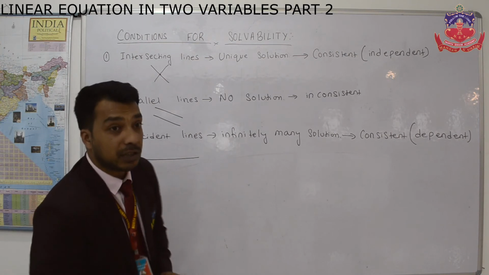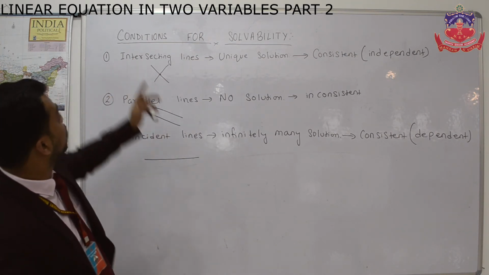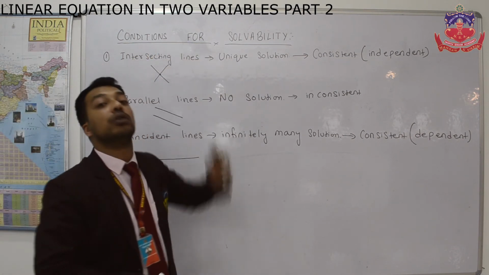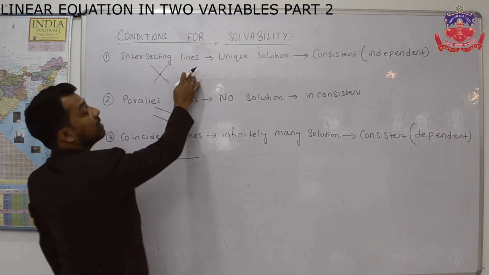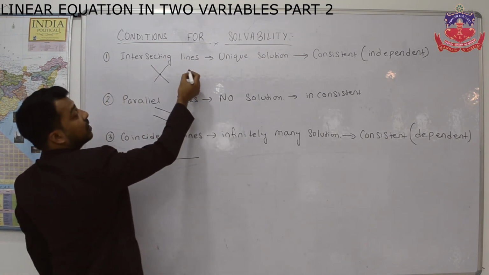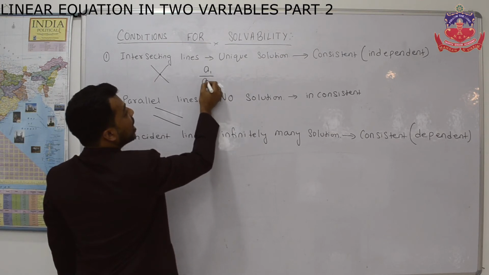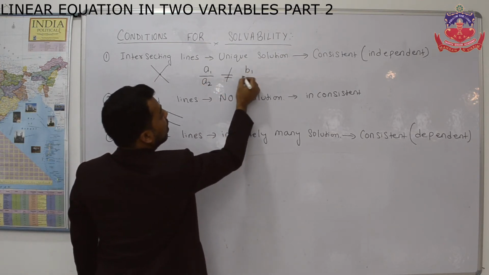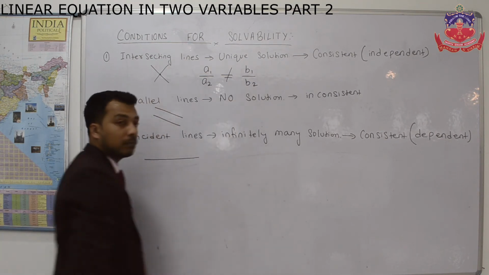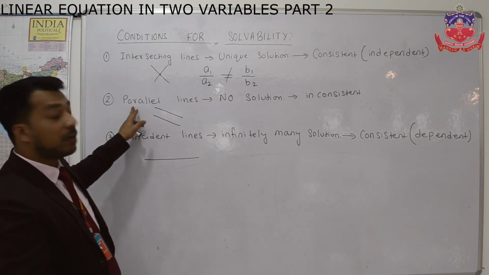Once you have understood this, these three kinds of lines have their own formulas, which are known as the conditions for solvability. So what are the formulas? Let's talk about the first one, that is intersecting. In case of intersecting, the formula is A1 by A2 is not equal to B1 by B2. Let's go for the formula for parallel then.